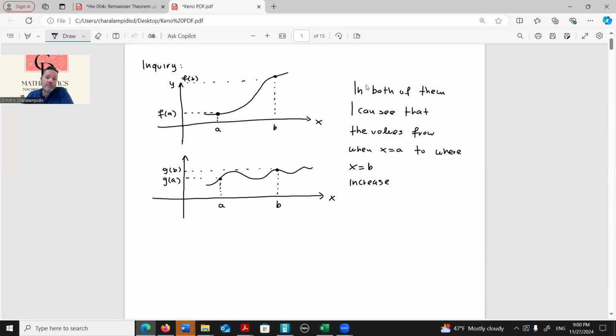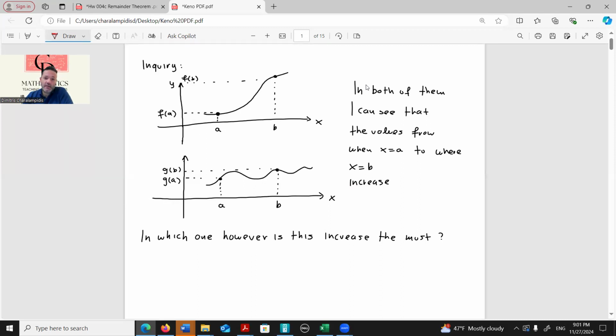But the question now is, in which one, however, is this increase the most? Obviously, we can easily see that in the graph of the function f, which is the top graph, there is a bigger distance from the values f of a to f of b.